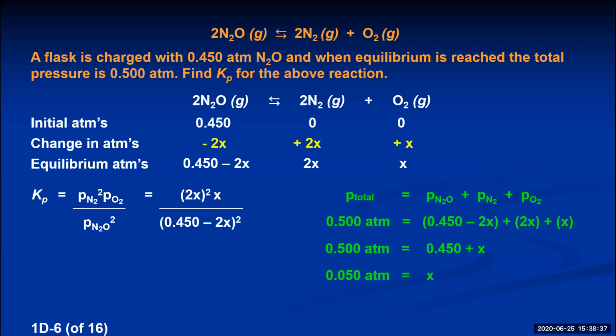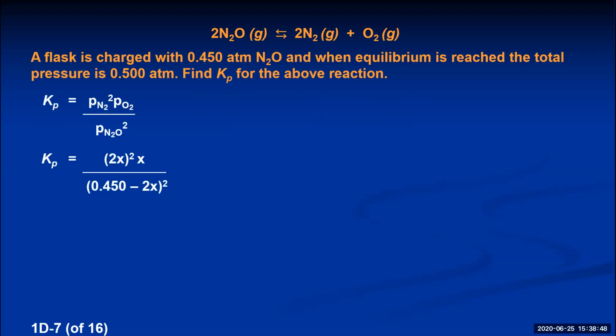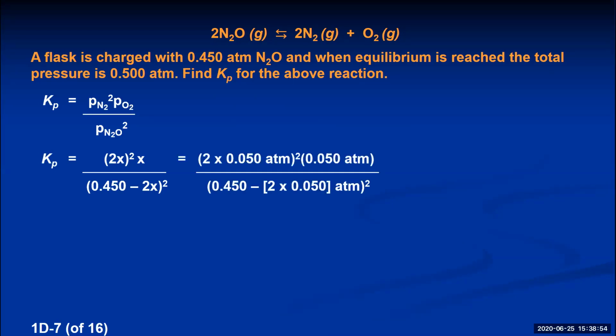And now if we know the value for x, we can plug that back into the Kp expression, and we can calculate our equilibrium constant. So here's the equilibrium constant once again, and here it is with all the x values in it. If I plug in the 0.050 in place of all of the x's, I will be able to calculate the pressure of the nitrogen, the pressure of the oxygen, the pressure of the N2O, and if I square them appropriately, I'm going to get my Kp value.